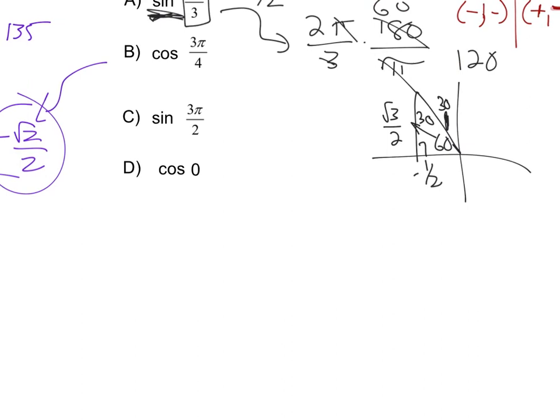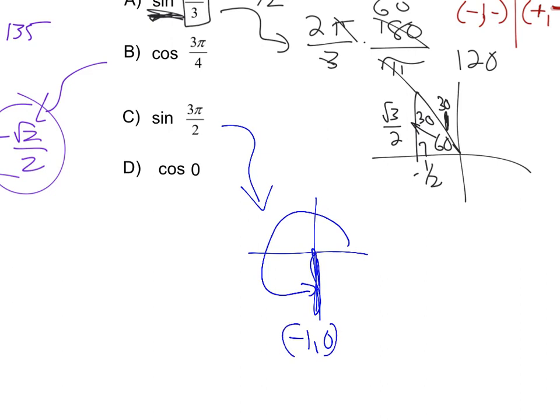Sine of 3 pi over 2, well, if you check your unit circle, 3 pi over 2 is right here on the y-axis in the negative part. So this is at -1, 0. So they want the sine, so that's just going to be 0.